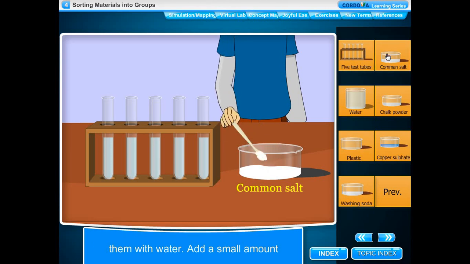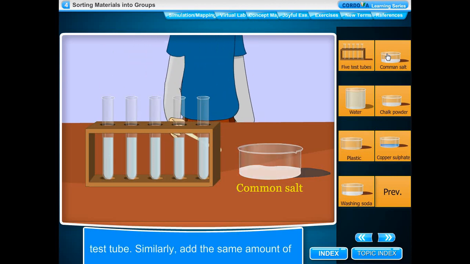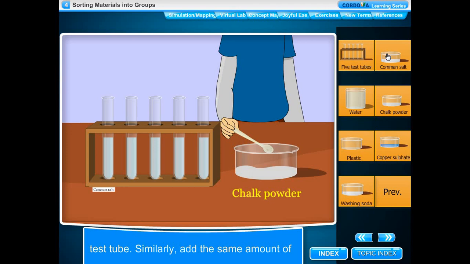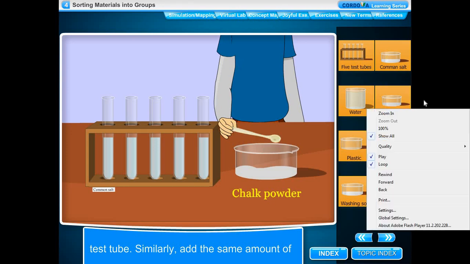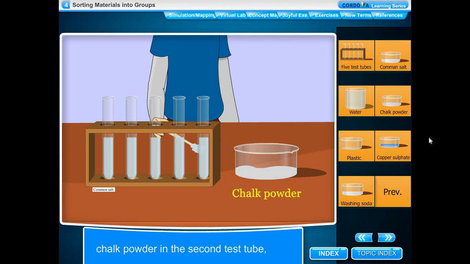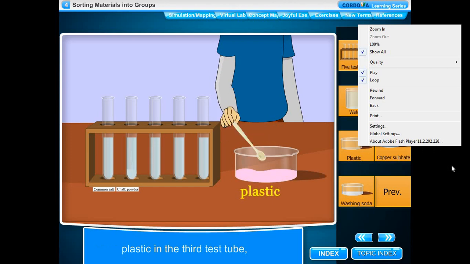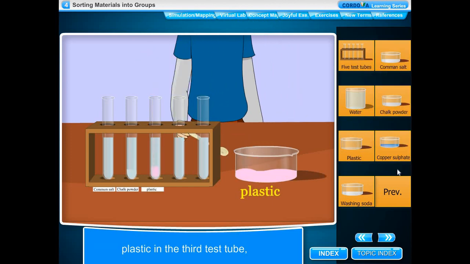Add a small amount, half a spoonful of common salt to the first test tube. Similarly, add the same amount of chalk powder in the second test tube. Plastic in the third test tube.